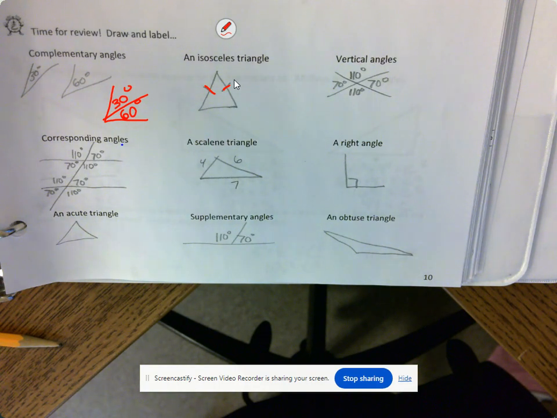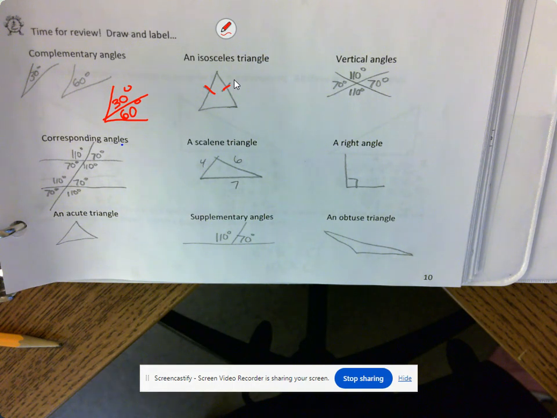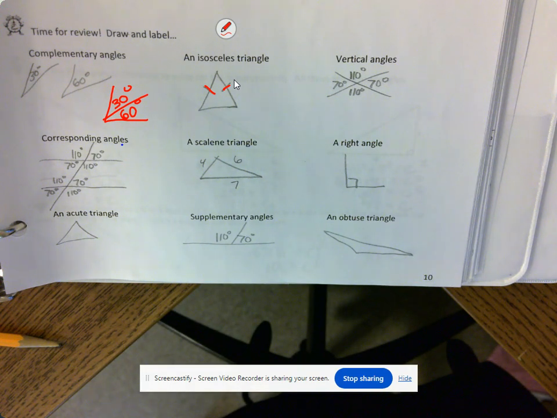Or you could put the hash lines showing they're equal. Because the actual measurement isn't what matters. It's knowing that they are equal. Does that make sense?